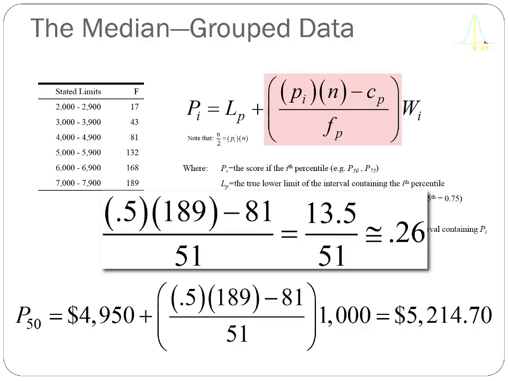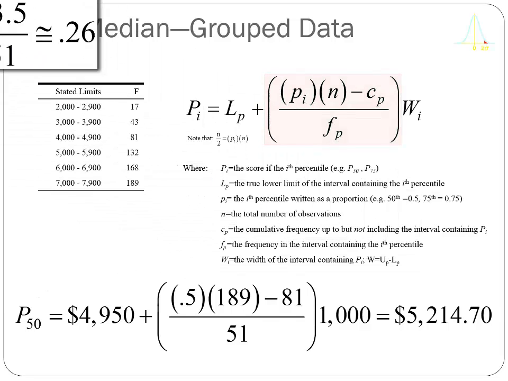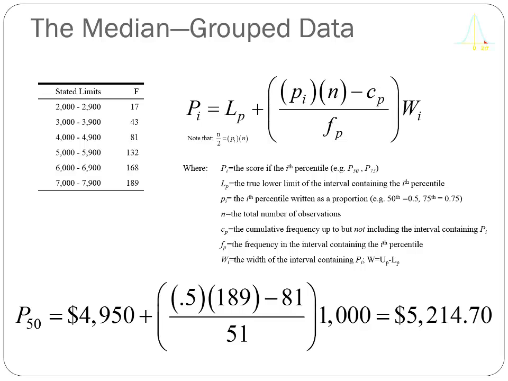We know that the interval contains 51 cases. So 13.5 divided by 51 is the proportion of the way through the interval where the median lies. Because the interval is $1,000 wide, we're just going to convert that proportion to dollars. And so we multiply that proportion times $1,000, and then we add it to our lower true limit.